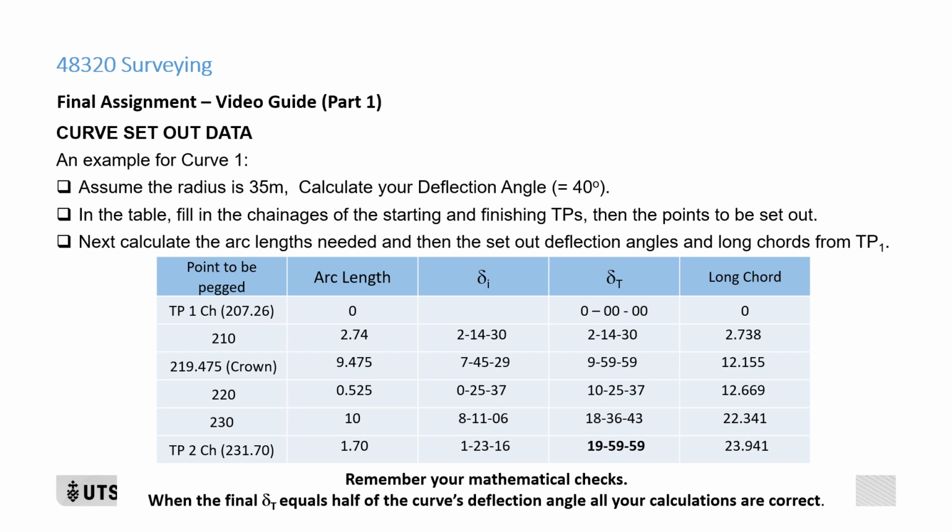If you've made a mathematical mistake with TP1 and TP2, sometimes it works out that students don't get that 1959.59 mathematical check at the end. And as well as telling you that your curve, your set out elements are correct, it also tells you that the changes of your TPs are correct. So if you don't get that, it might be worthwhile going back and checking your changes as well as your deflection angles.